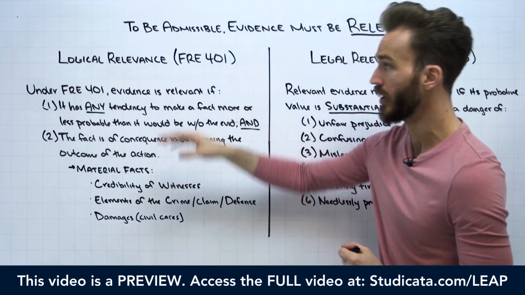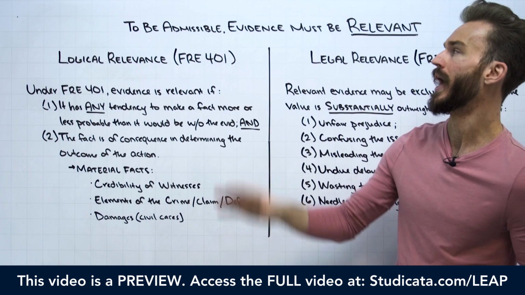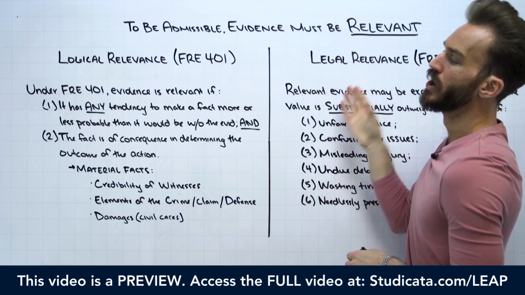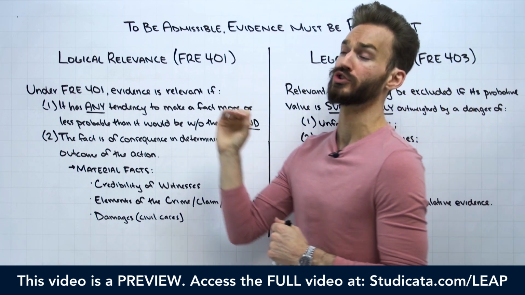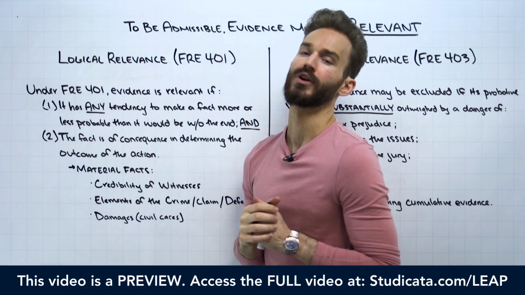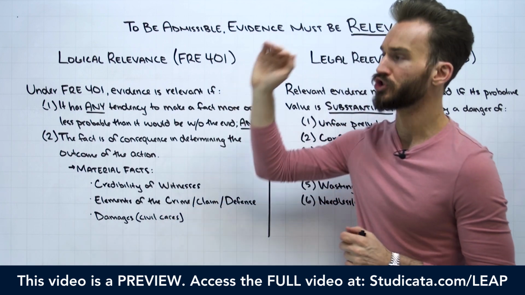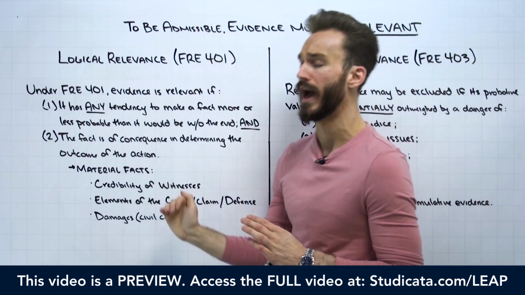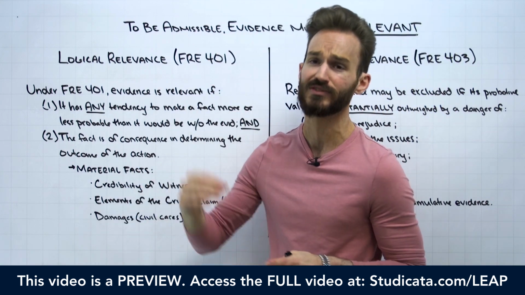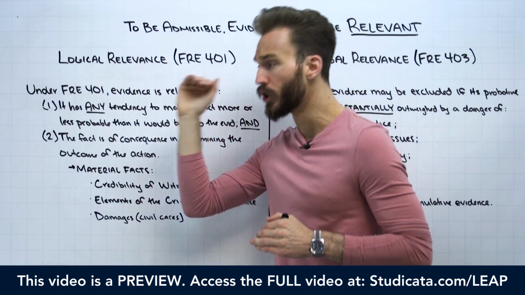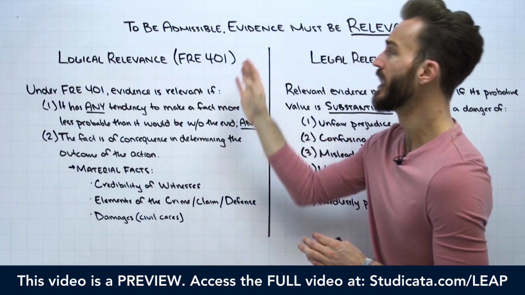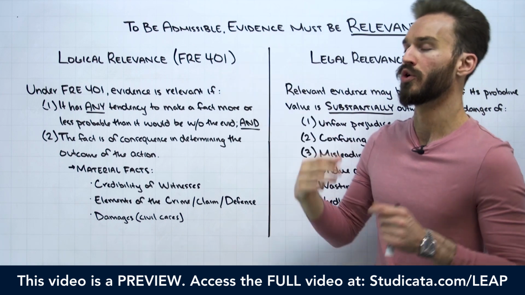Or in other words, to be admissible, evidence must be relevant. This is always our starting point rule for each piece of evidence. So as we go through an evidence essay and analyze each piece of evidence, our first hurdle is whether the evidence is relevant.